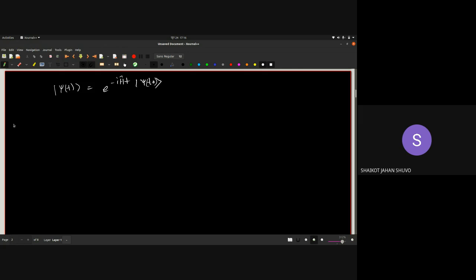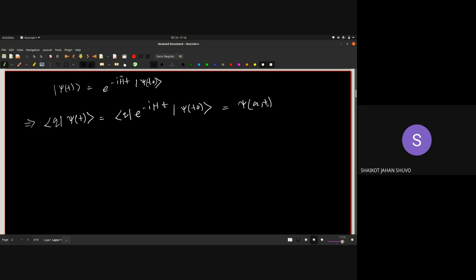Now you can show that, using the definition of the wave function, the position representation of this final state will be something like this. Let's say q, e to the power iHt, psi of t0, equals some psi of q,t, right?